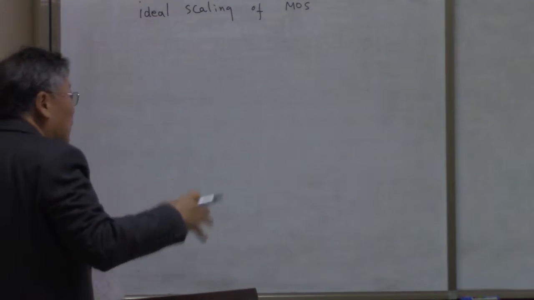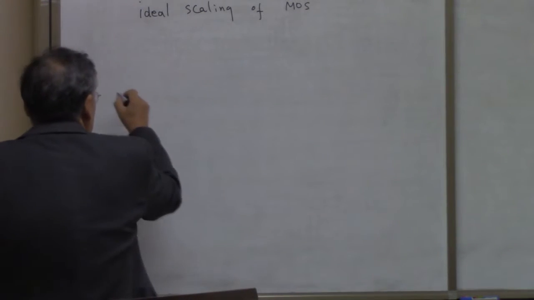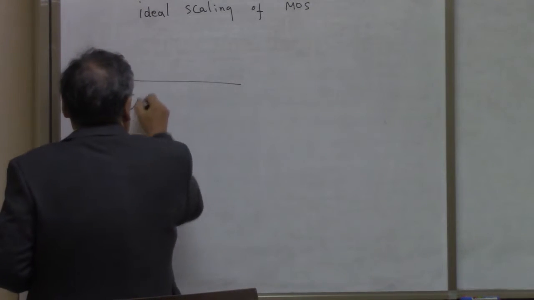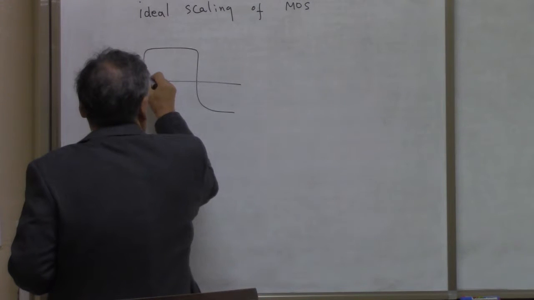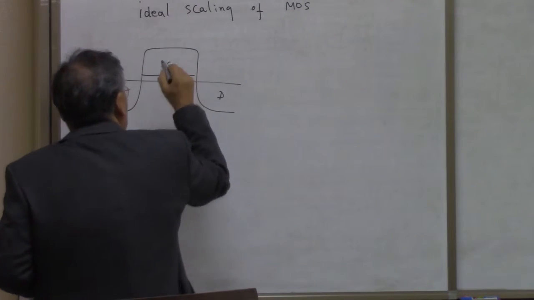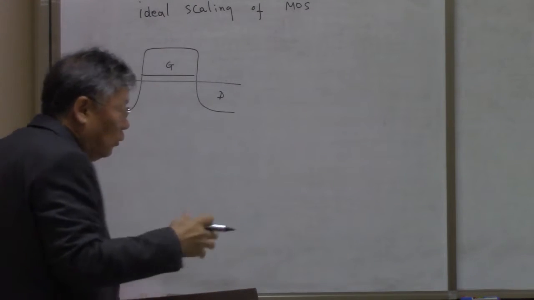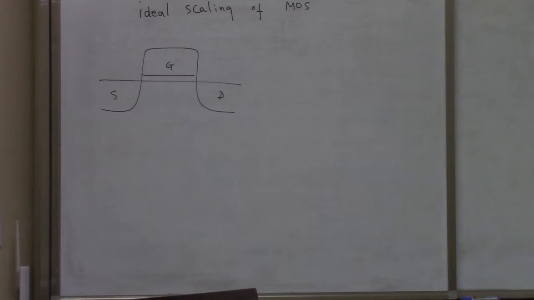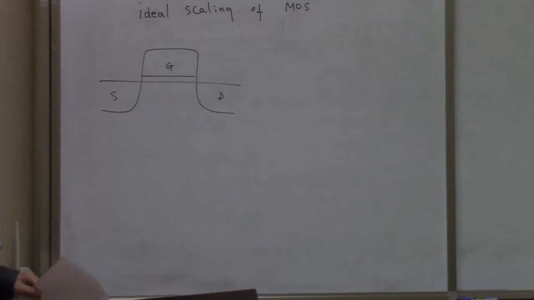We want to scale down the MOS transistors, source and drain and gate, to have many benefits, but we're going to discuss the benefits of scaling down the MOS transistors later.